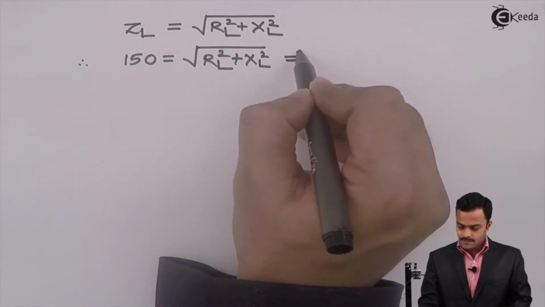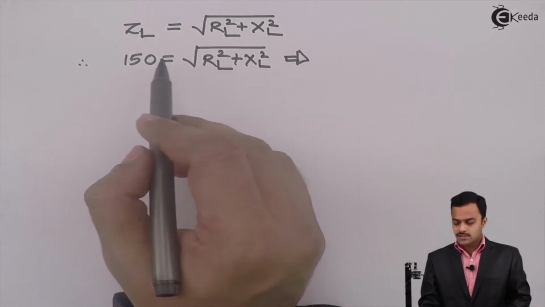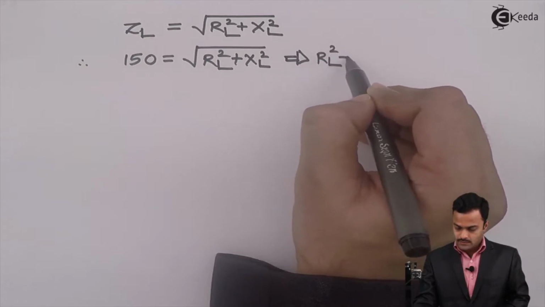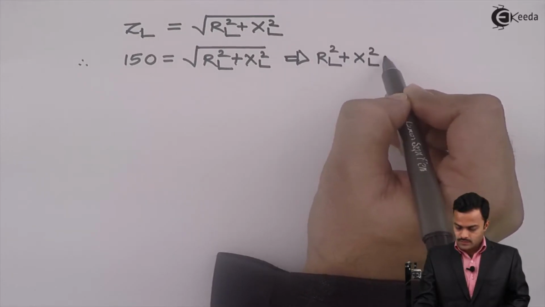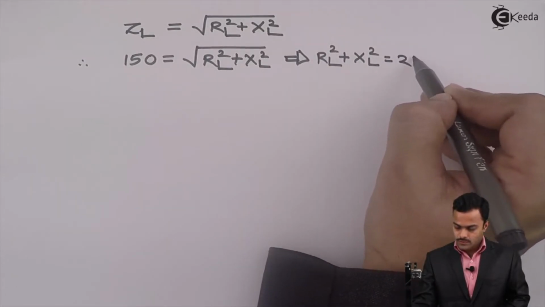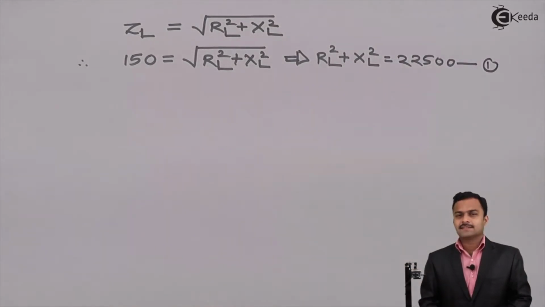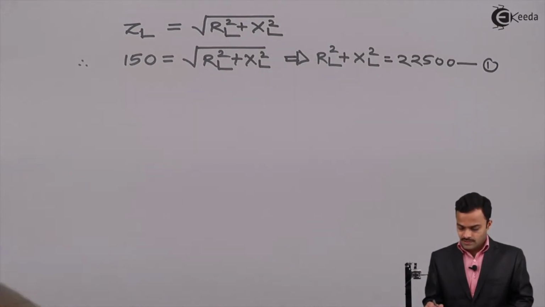That implies if I take square on both sides, what I will get RL square plus XL square equal to 22,500. Let's take this as equation number 1.